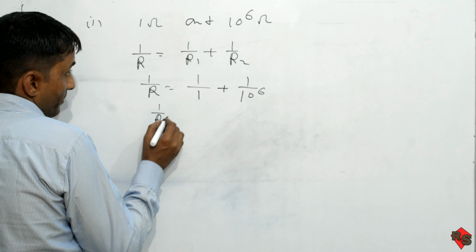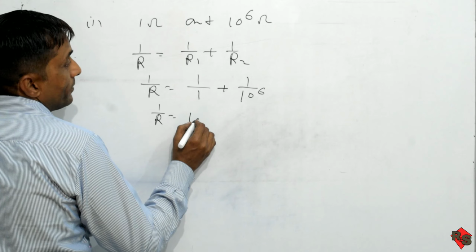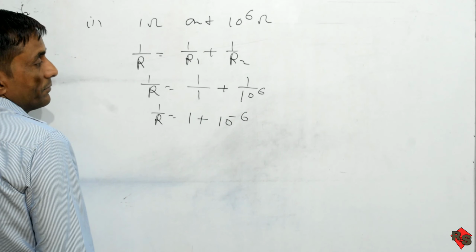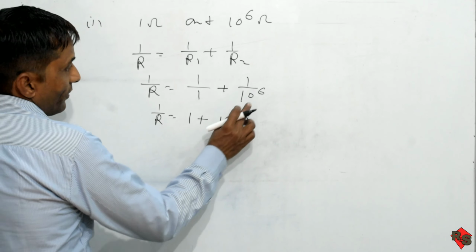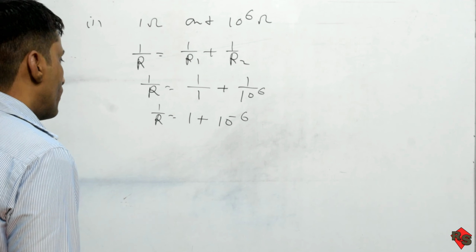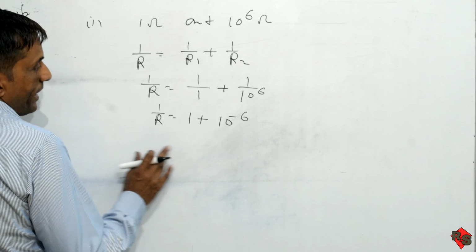So 1 by R is equal to 1 plus 10 to the power minus 6. We can bring 10 to the power 6 to the denominator, so 1 plus 10 to the power minus 6.